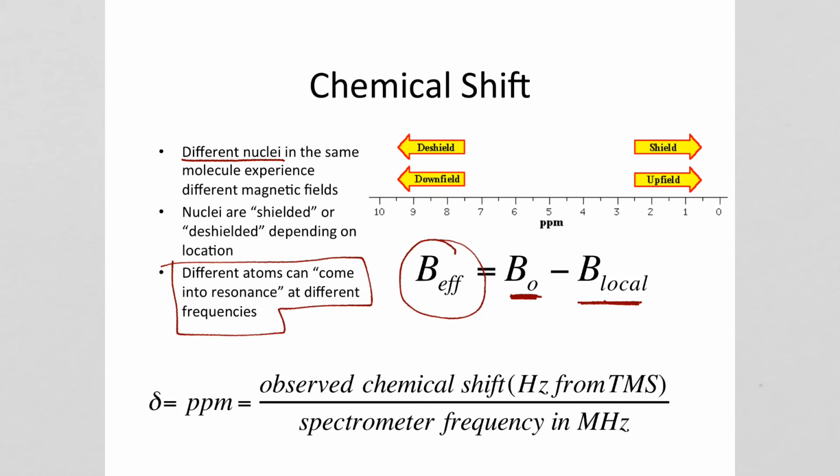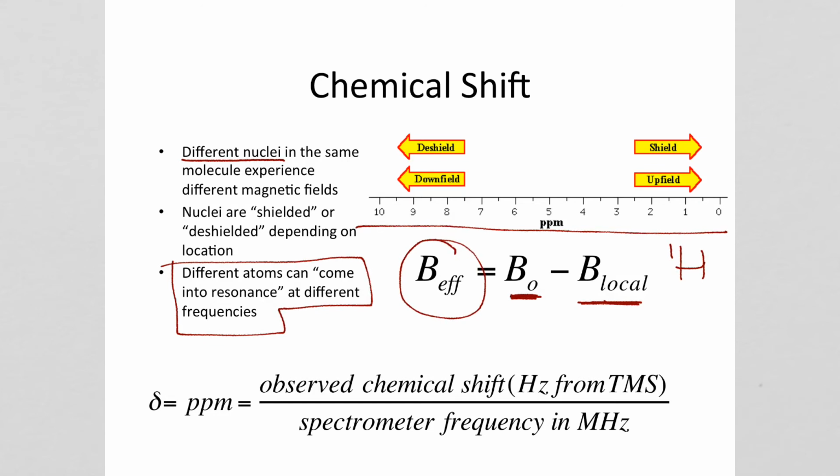As we saw last week when we were looking at C13 NMR, one molecule may have several different peaks at different places, and this is an H1 spectral window, which is about 10 parts per million.